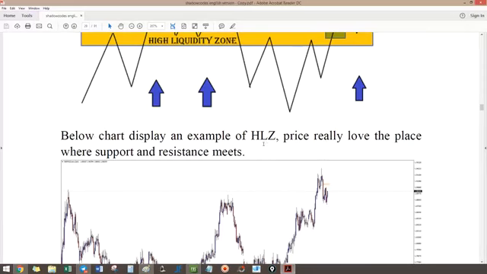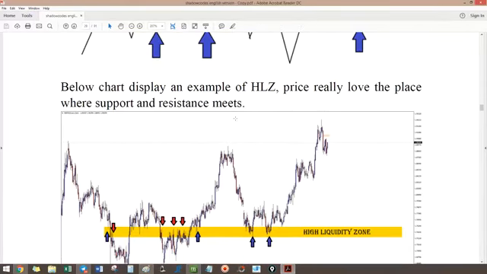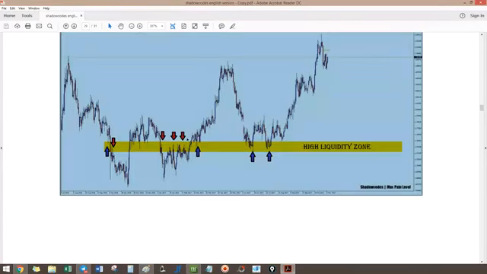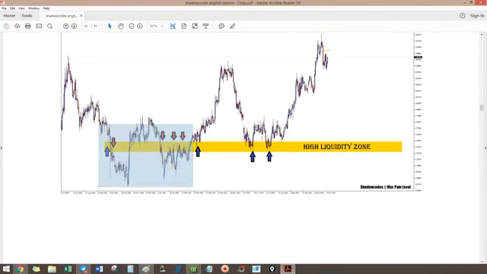The chart below displays an example of an HLZ, which price really loved. Look over here, you got a resistance, and then over here you got support. Over here a resistance, over here a support. Based on this area, you will determine a point to trade.